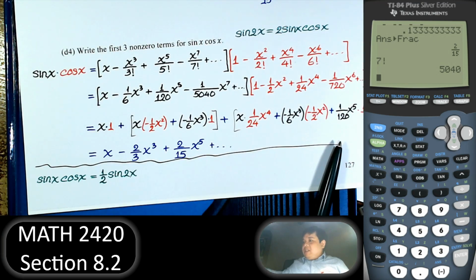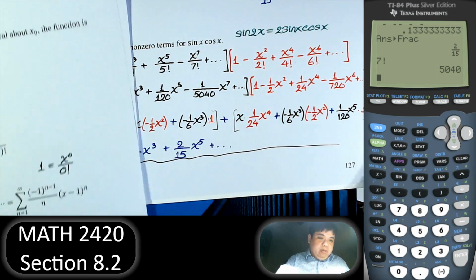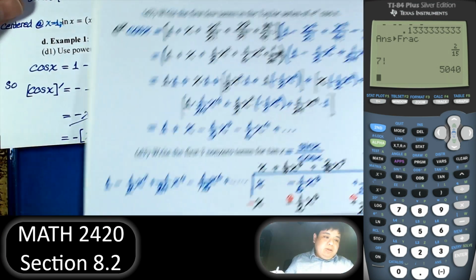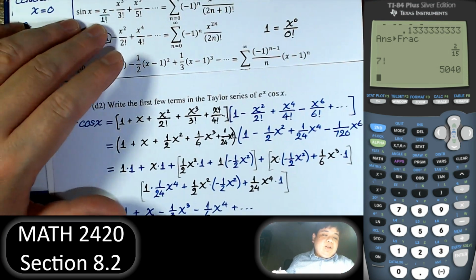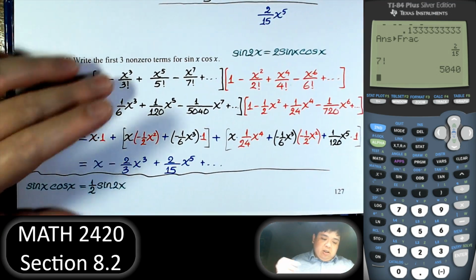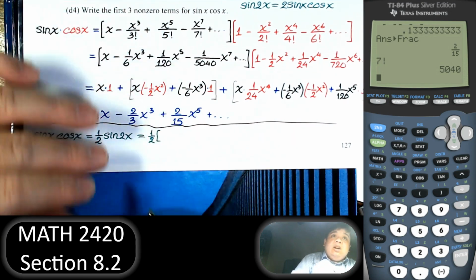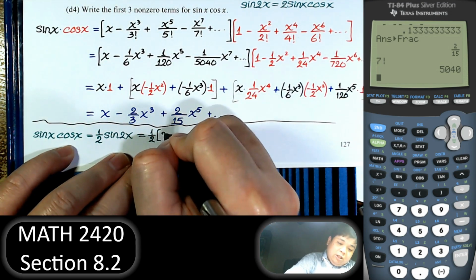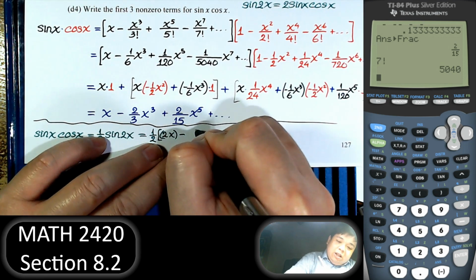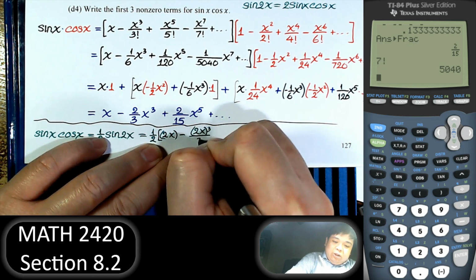If you don't want to use that, let's look at this table. If we look at this table for sine, we just replace the x by 2x. That's pretty much it. It's still an odd function, so we have 1/2. Now I write a series for sine, but instead of x, I'll use 2x, minus 2x cubed over 3 factorial.